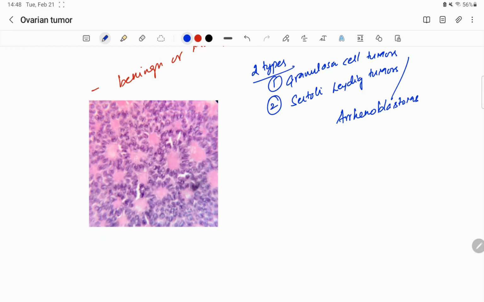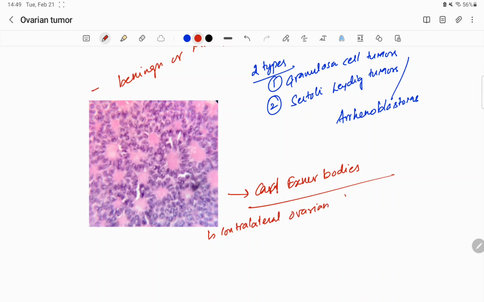So in granulosa cell tumors, the most important characteristic feature is you can find Call-Exner bodies in histological finding. So in this you have contralateral ovarian secondaries prior to systemic secondaries.